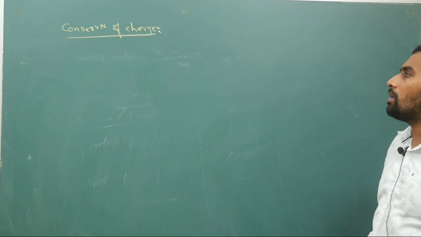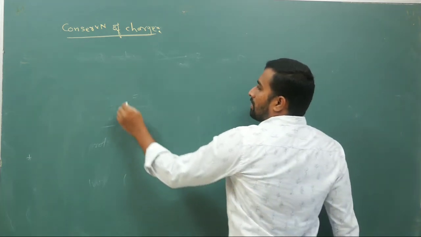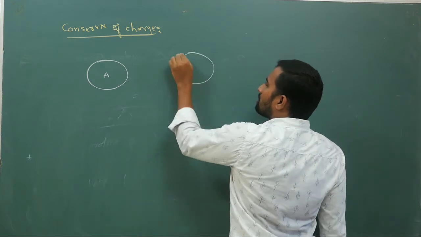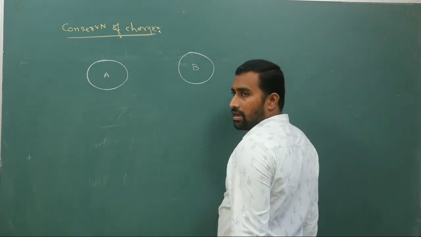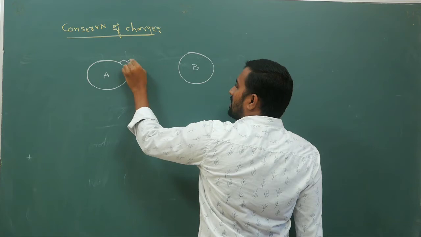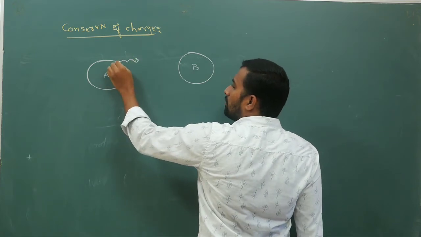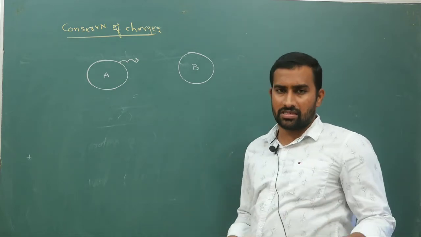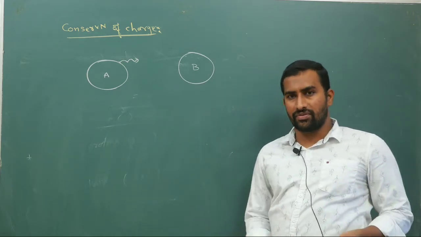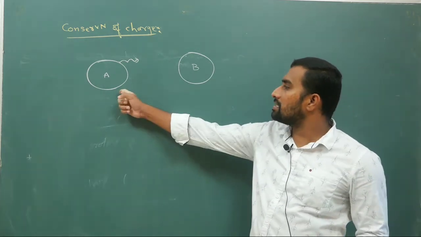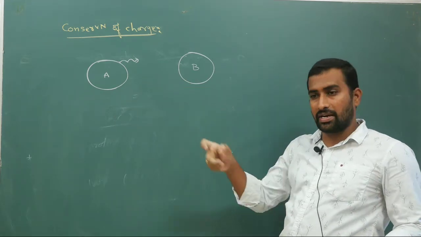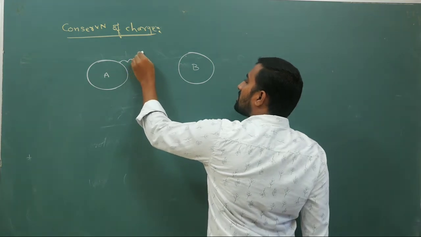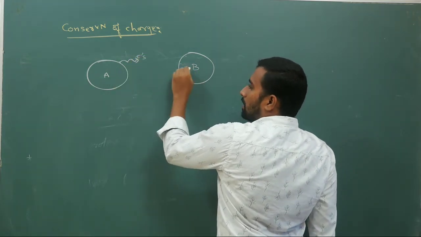Okay, so what is its meaning? I will tell you. Now let us say there is a body A here, there is one more body B here. Now let us say some charge is removed from this. You can do it by rubbing, for example, if you are producing charging by friction, if you rub this body on this and separate it, few of the electrons will shift from this body to this body.